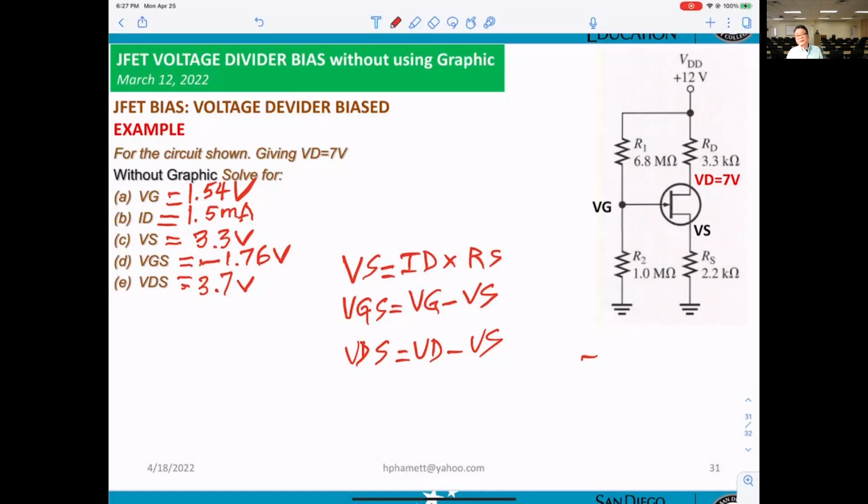Okay, any questions about this problem? Sorry, to find the current, ID, that's just the voltage divider. Okay, ID, we already gave you the formula, right? Yeah, I didn't remember it. Sorry. VDD minus VD, divided by RD.